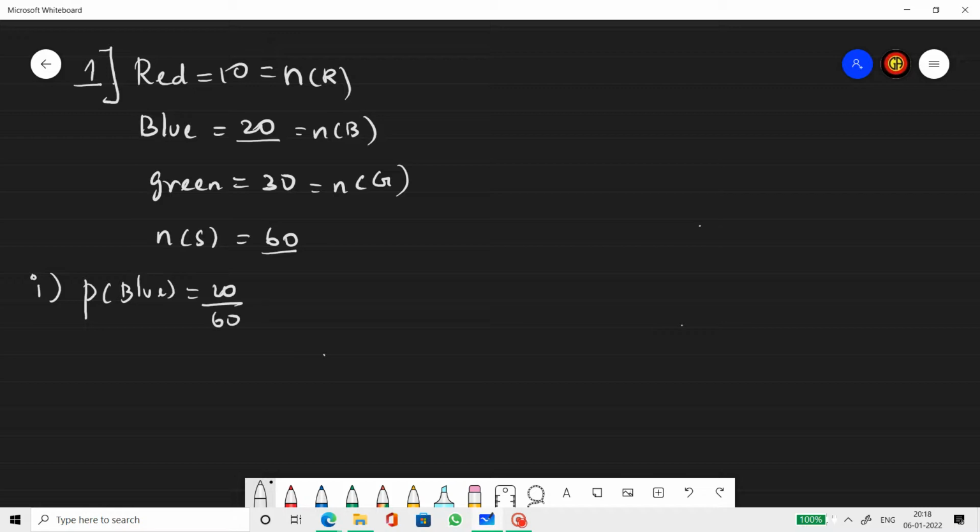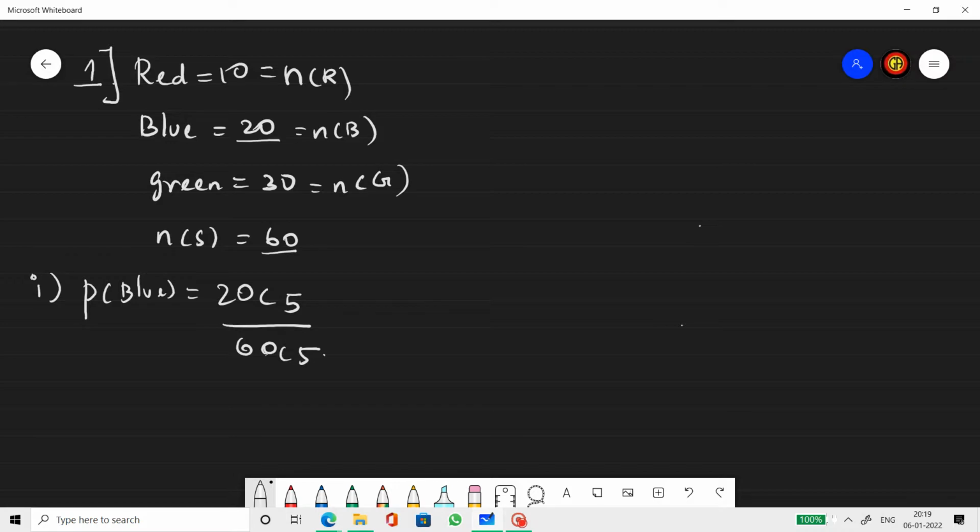But here it is not one, but more than one. 5 marbles have to be taken. So that would be 20 C5 divided by 60 C5. So 20 C5 is the favorable event of selecting 5 marbles out of 20, divided by 60 C5, which is your n of S.